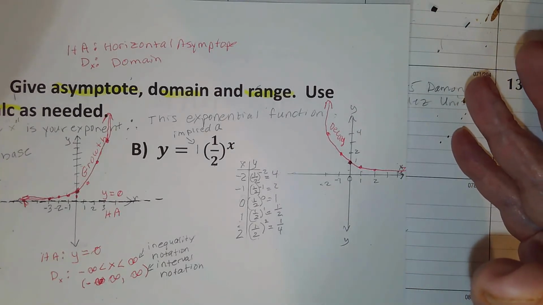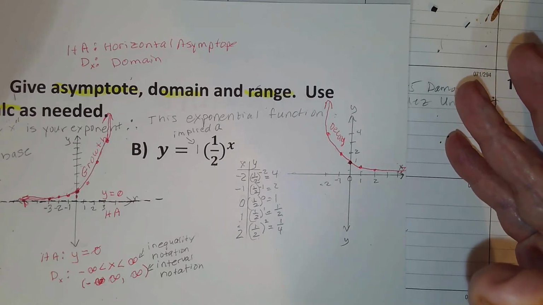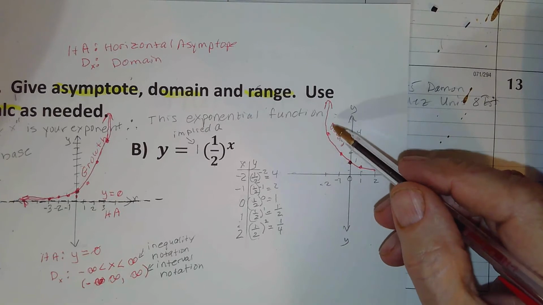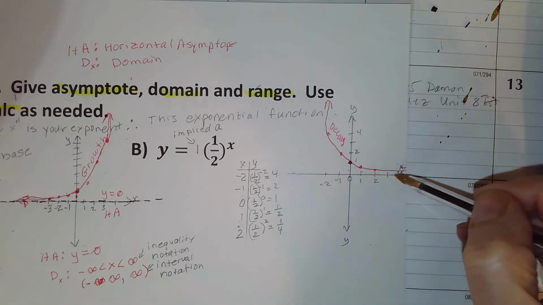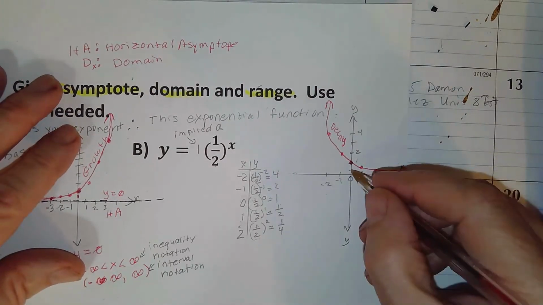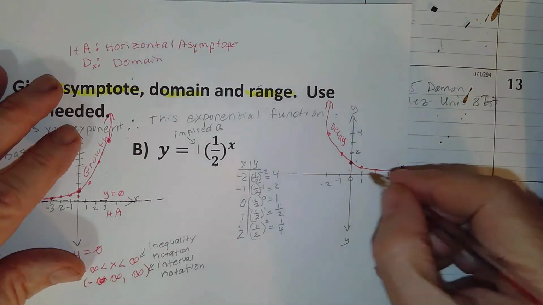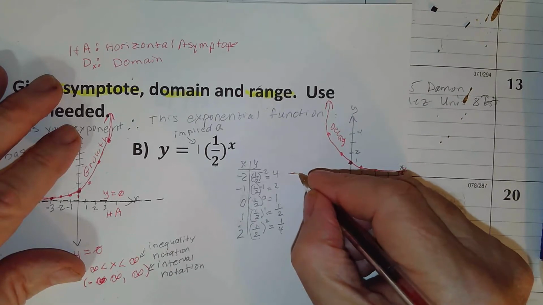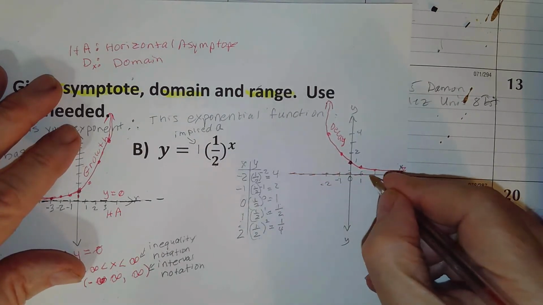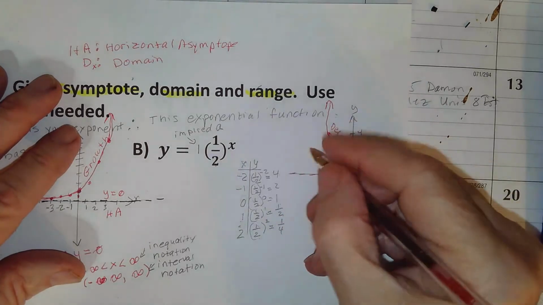In other words, they no longer are radioactive, and so they won't harm the environment. But for a period of time, they decay in radioactivity, and that's where this term came from. So your horizontal asymptote is still going to be at 0. So this is the horizontal asymptote. Okay, Y equals 0.